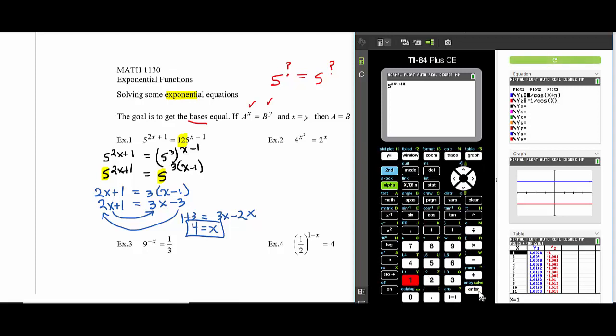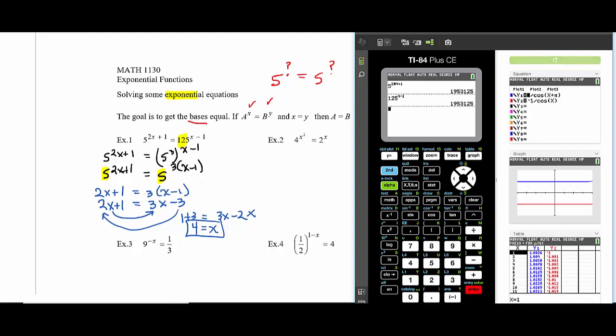Sometimes it's just as easy to do that in your head. So you get this, that doesn't make any sense. Well, no, it does. That's a big number. Then I can do 125 raised to the 4 minus 3. So I'm just plugging it in. It's actually very easy to check all these problems on your calculator. It's like any other equation.